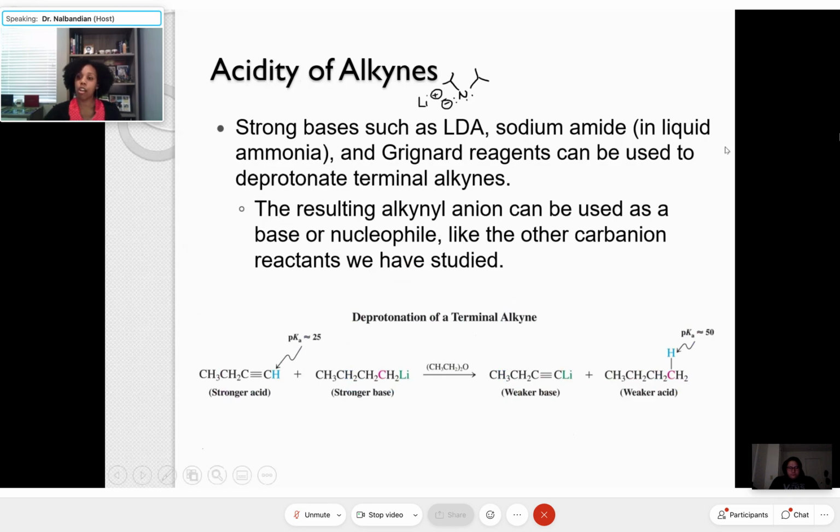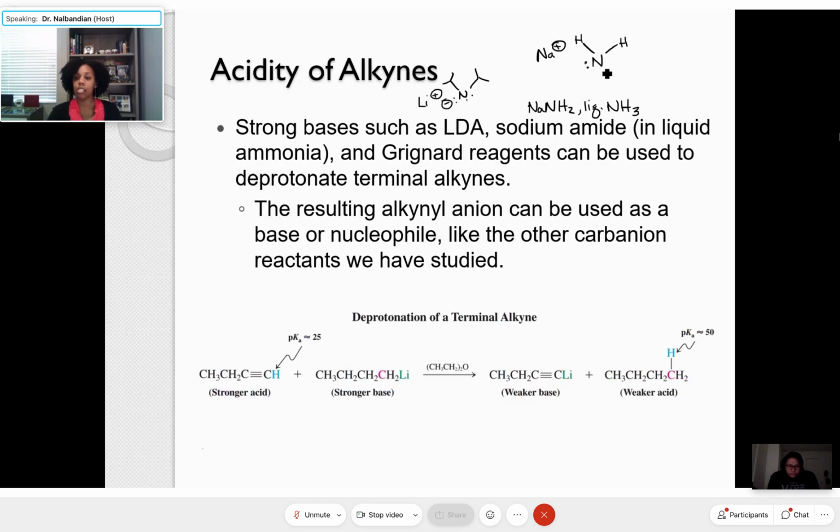And then another strong base that we're going to talk about that can be used to deprotonate alkynes is sodium amide. So it's NaNH2 in liquid ammonia. So we write liquid and then NH3 is ammonia. So what does this look like? Well, it's a sodium ion, and then we have a nitrogen with now two hydrogens on it. Instead of two isopropyls, two hydrogens.